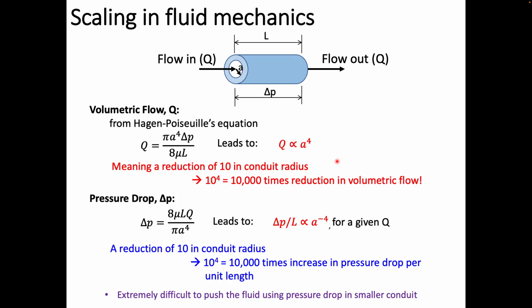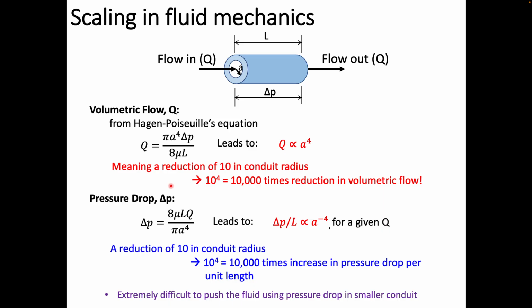That is one observation we can make, and also let us look at the pressure drop. We are using the same equation here, and if we express it in terms of pressure drop delta P, this is what you get. There is delta P, and L is there, and I'm going to move L to the left-hand side. So now we are looking at pressure drop per unit length, delta P over L, where L is the length.